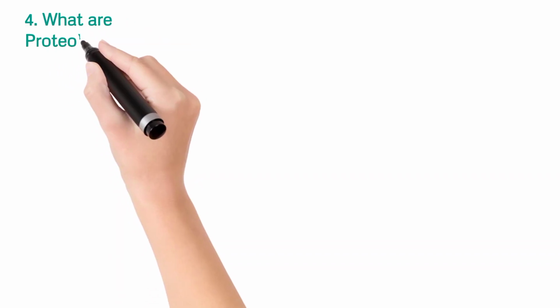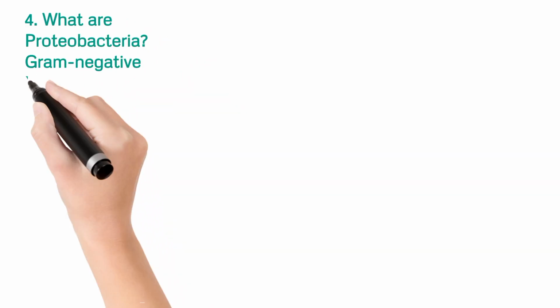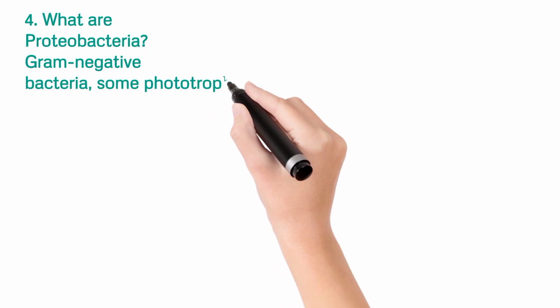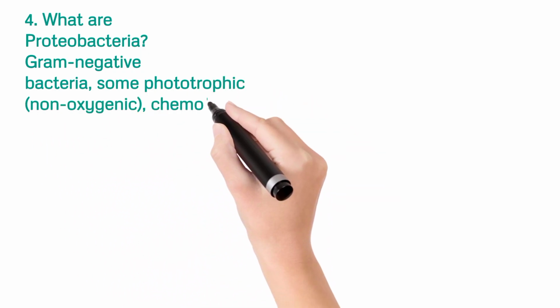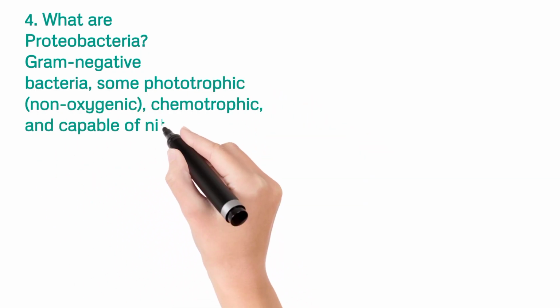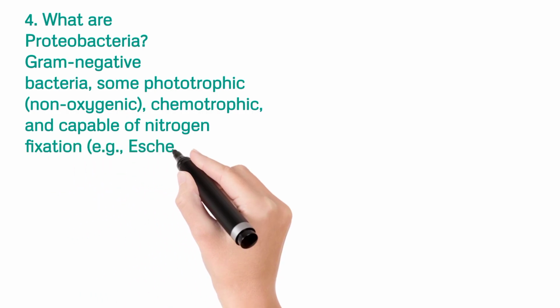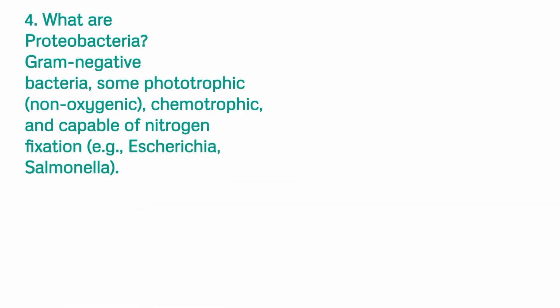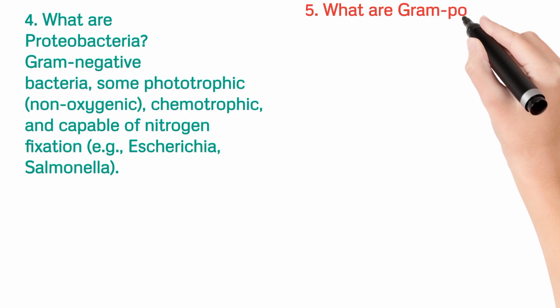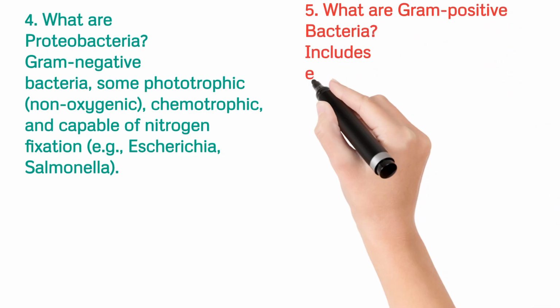4. Proteobacteria. Gram-negative bacteria, some phototrophic, non-oxygenic, chemotrophic, and capable of nitrogen fixation, for example Escherichia, Salmonella. 5. Gram-positive bacteria.